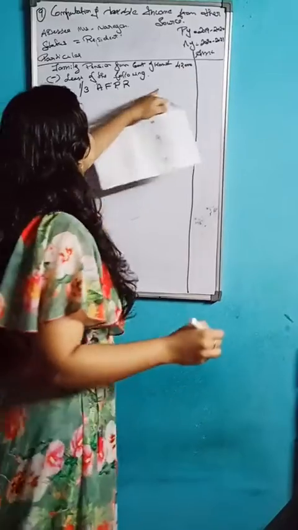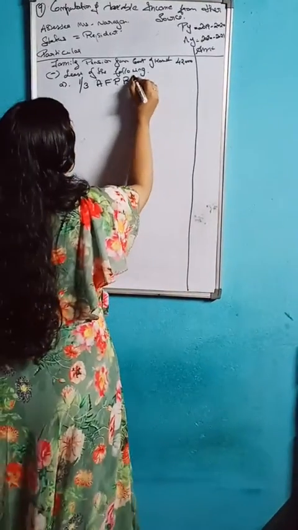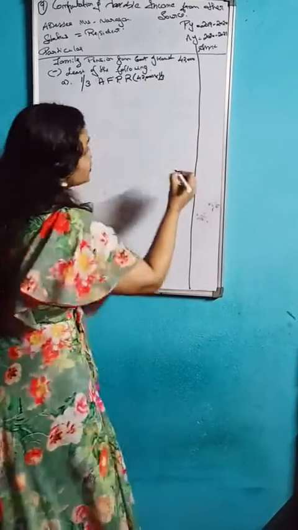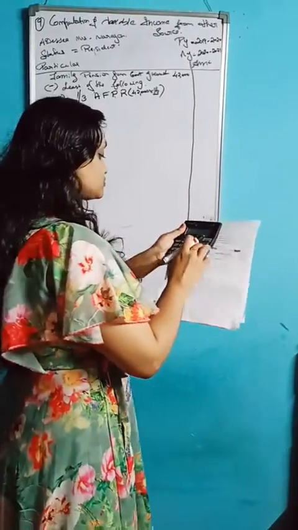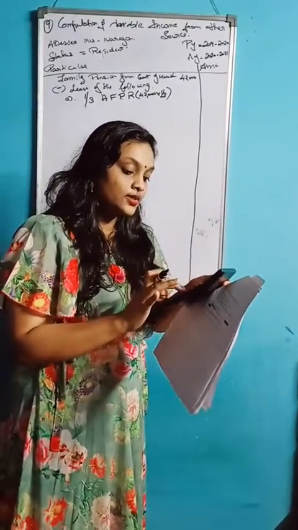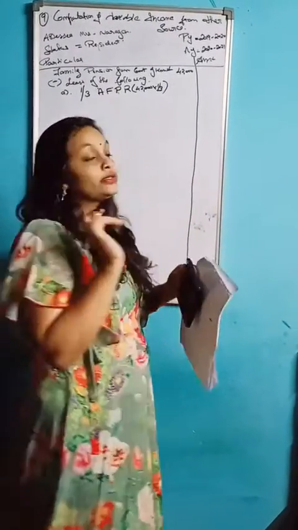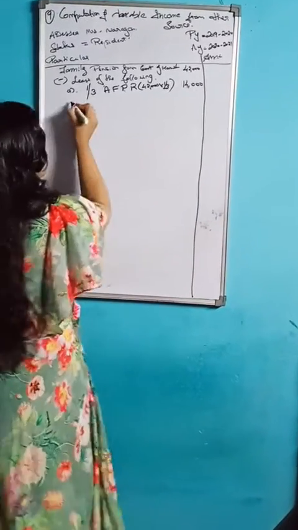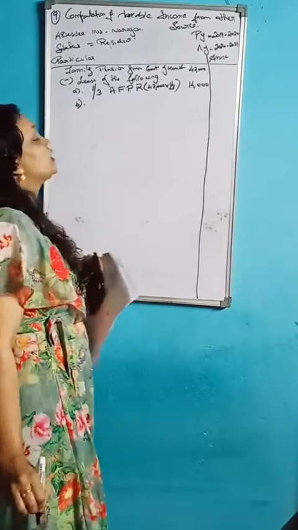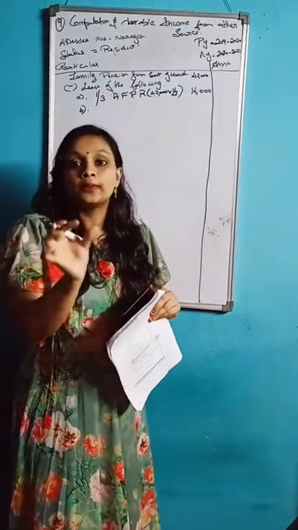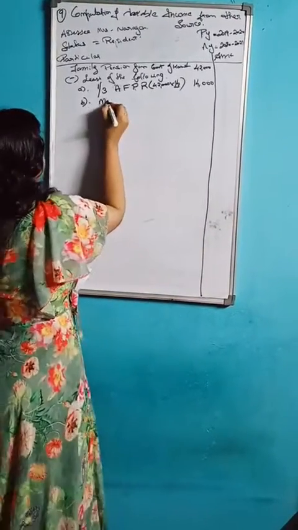So that is 42,000 into 1 by 3. How much you will get? So 42,000 into 1 divided by 3, you will get 14,000. Okay, next point B. Maximum limit is 15,000. That is a permanent amount.